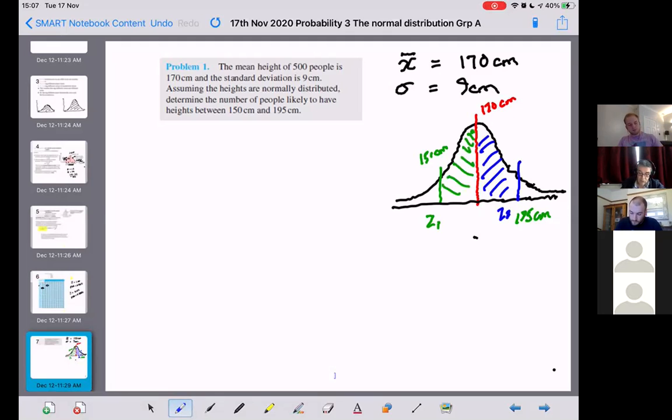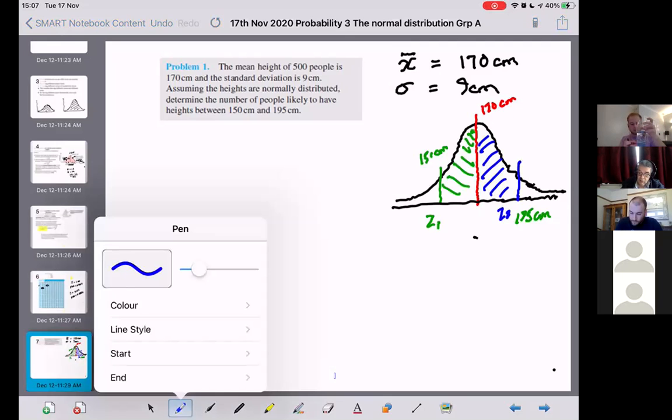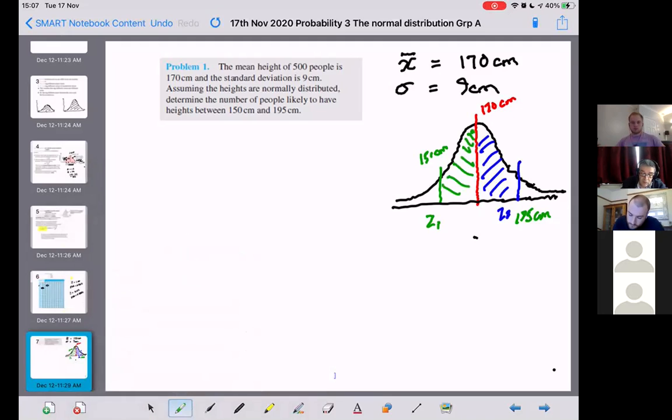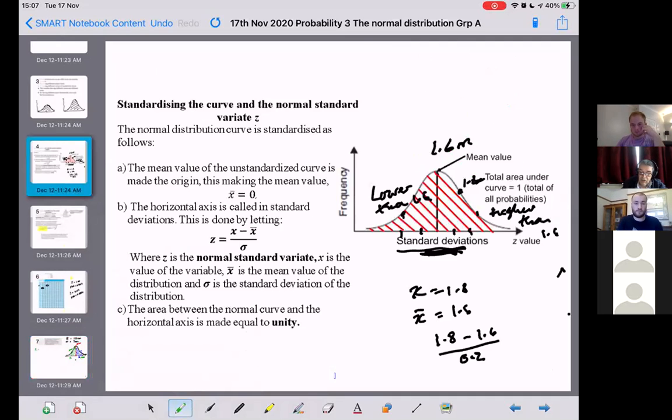Okay, so I'll go back to black. I'll go to green and do Z1. Z1 is equal to, just check our formula. Formula is Z equals X minus X bar over sigma.